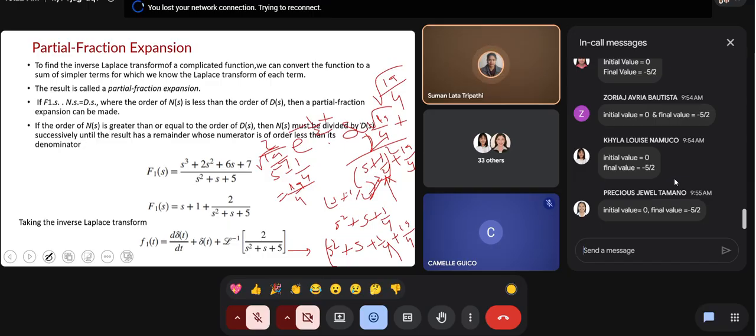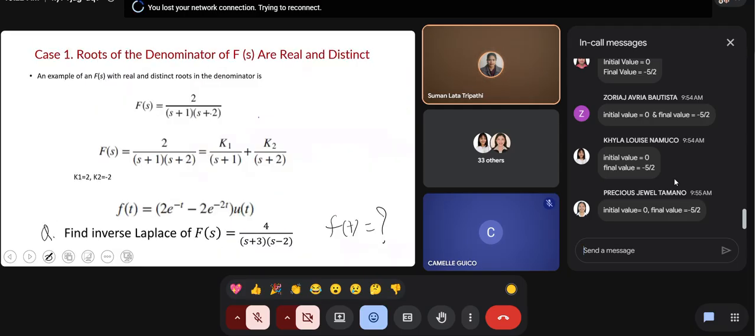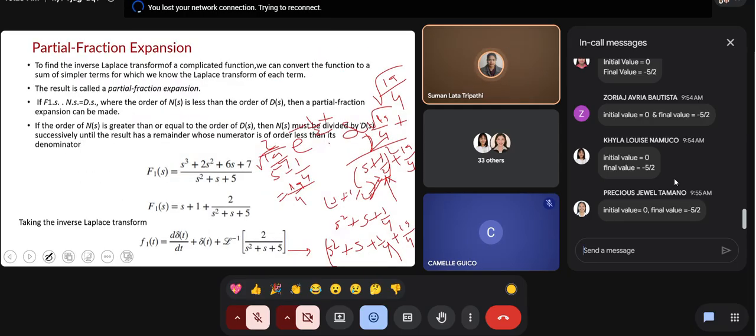Because in the numerator you should have omega. If you are converting it into sine, you should multiply and divide by omega, so you will get this kind of answer. If factorization is not possible, it is a quadratic equation, so it may be a cosine or sine function. You have to arrange it in standard form.